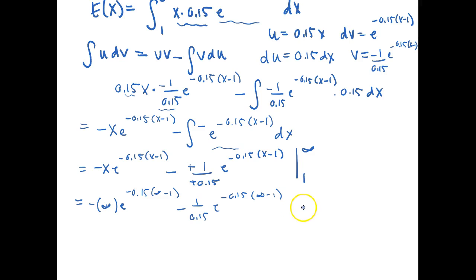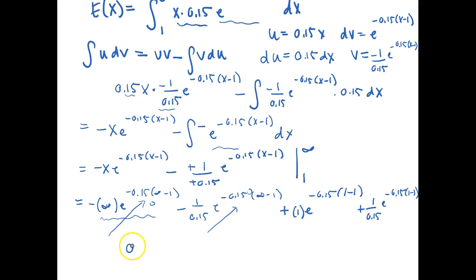And we're then subtracting off the expressions for 1, so that means we're actually going to add this, so plus 1 times e to the negative 0.15 times 1 minus 1, plus 1 over 0.15 e to the negative 0.15 times 1 minus 1. And we can quickly see that through L'Hopital's rule, this is actually going to go to 0. Same thing over here, the e to the infinity will go to 0 as well.